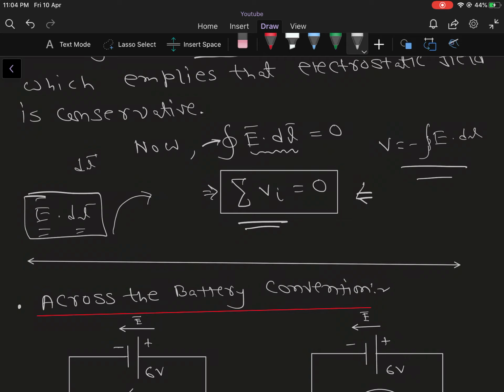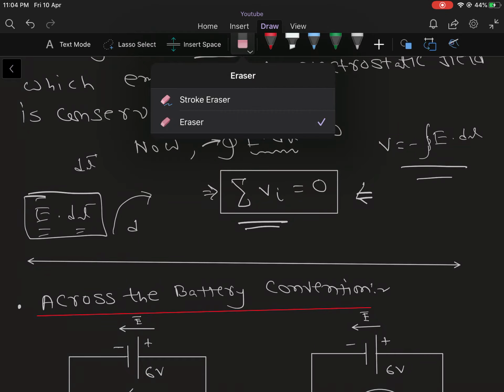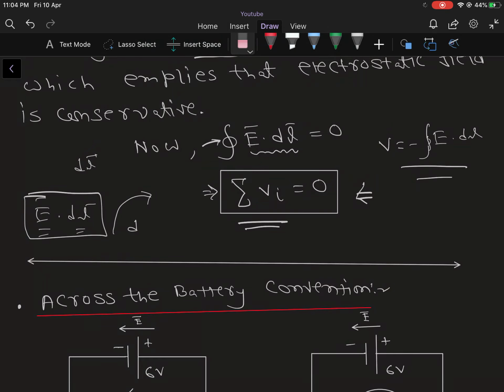If we are going in the direction of the electric field, then E dot dl will have cos theta with 0 degrees, which means E dot dl will be E dl. If we go in the opposite direction, say E is in this direction and we are going opposite, then it will be minus E dl, because cos 180 degrees will be there.